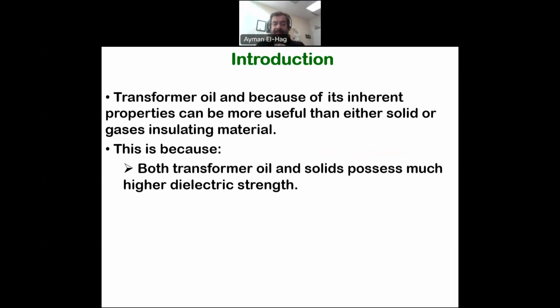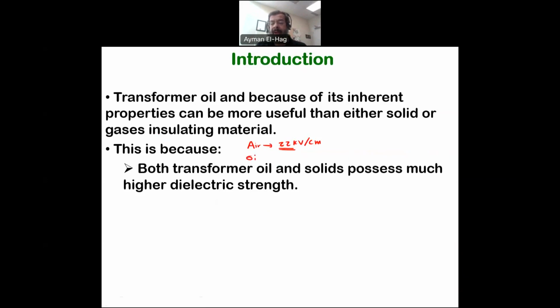Why is that? First of all, there is something common between the oil and the solid: both have very high dielectric strength compared to the gases. For example, the breakdown for air happens at around 22 kilovolt per centimeter. So when the electric field reaches that level, there will be a breakdown.